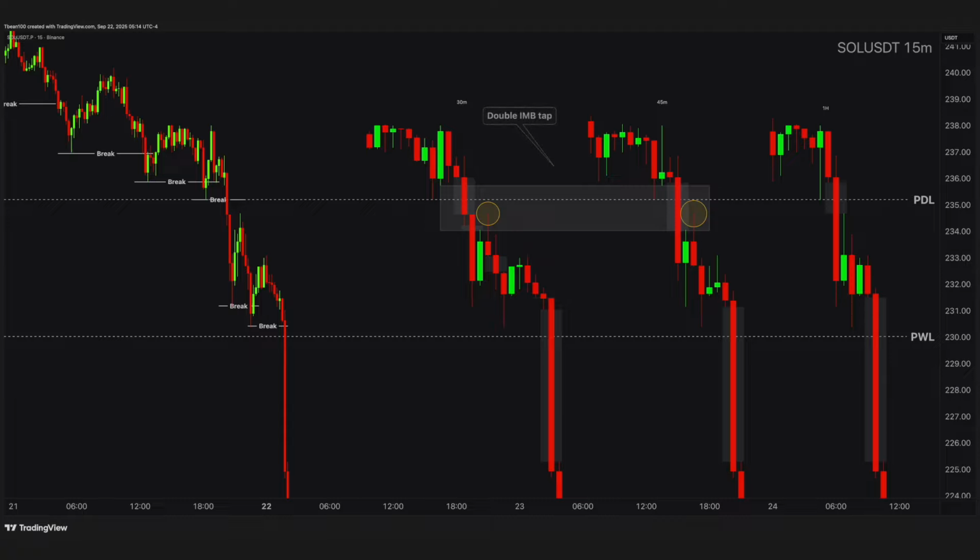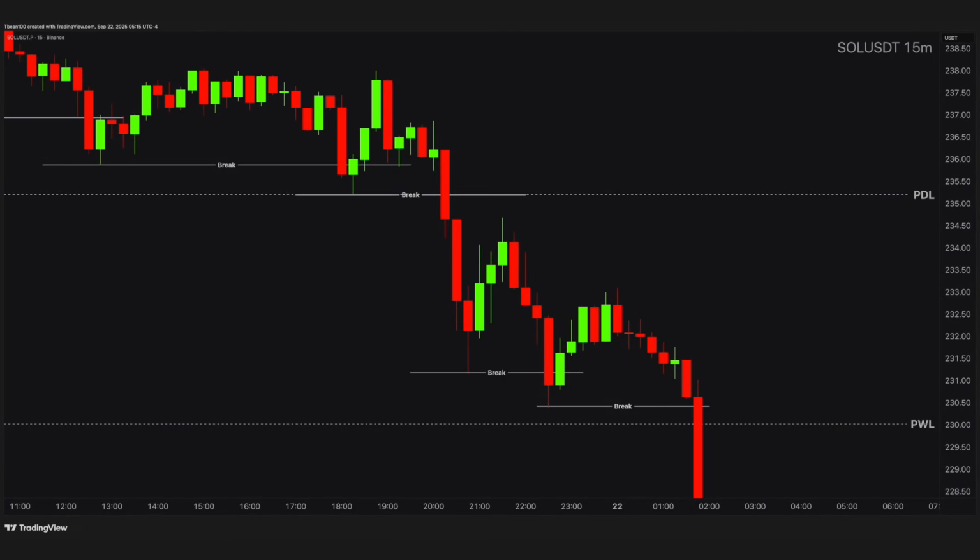For example, look at both the 30-minute and the 45-minute charts. When you see imbalances lining up together and the price taps into those areas before pushing down again, it makes the downtrend even stronger.